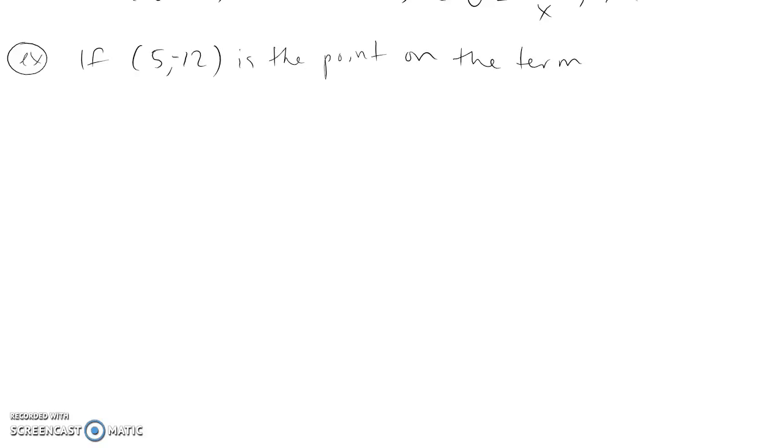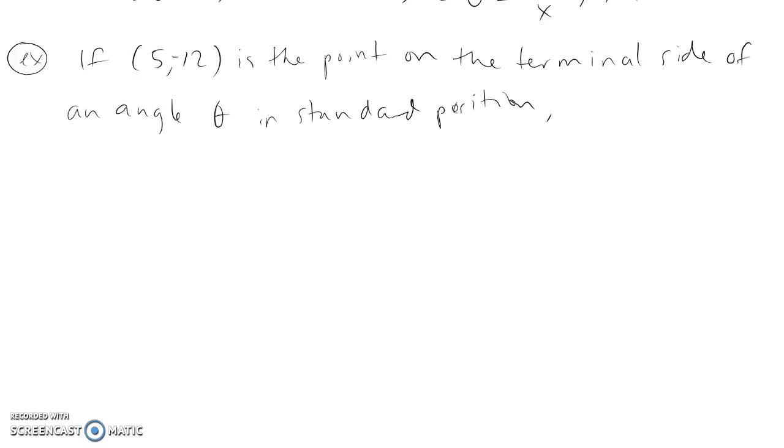So now we can do a problem like this. We're going to say if (5, negative 12) is the point on the terminal side of an angle theta in standard position, find cosine of that angle, right?